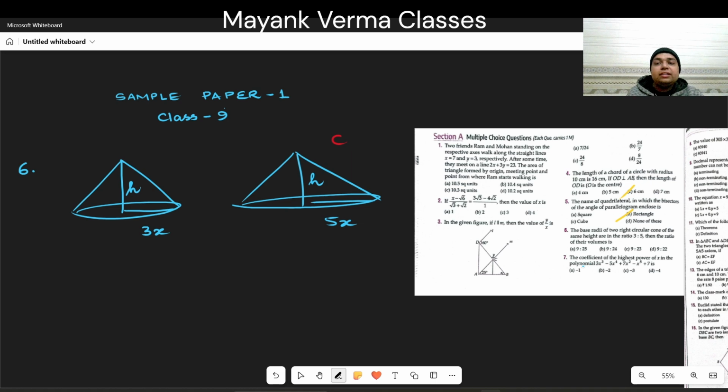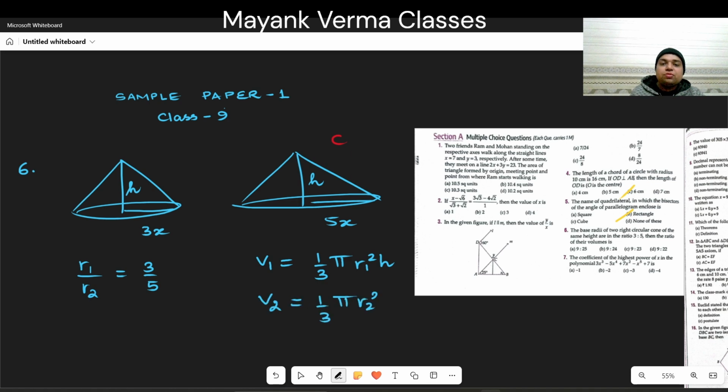We need to find the ratio of their volumes. So I know that r1 upon r2, the radius ratio, is 3/5, or you can say 3x and 5x. So let's find the volume. Volume 1 is 1/3 pi r1 square times h, and v2 is 1/3 times pi r2 square h. See, h is same, r1 and r2 are different, whose ratio is given to us.